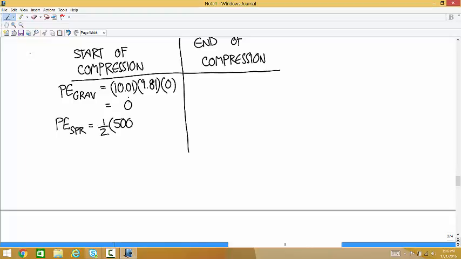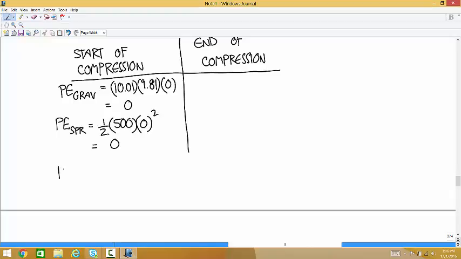Like right after the collision ends, the bullet's in there, how much is the spring compressed? Nothing. It hasn't moved at all yet. And so that's just going to be 0 squared. So there's no spring potential energy.